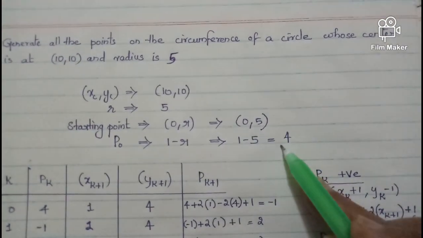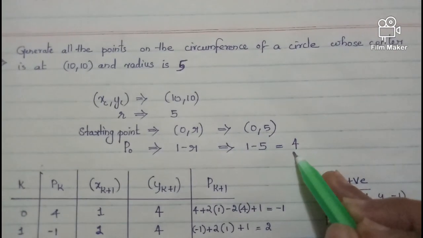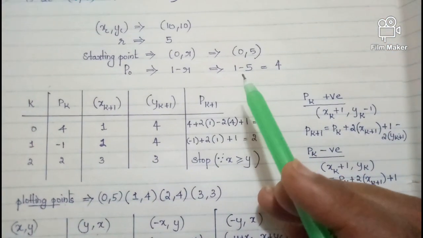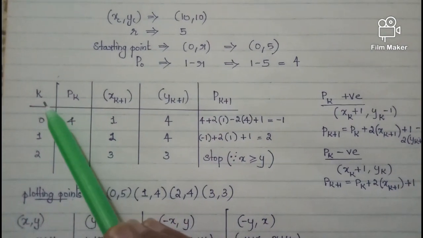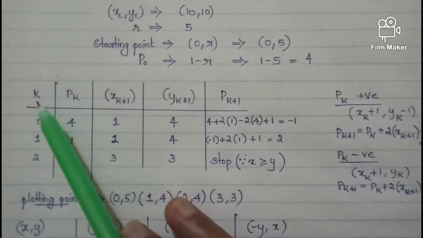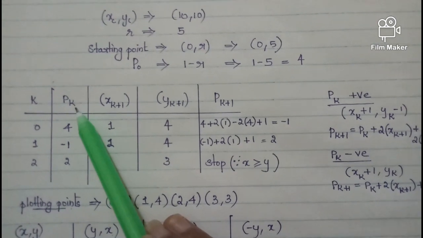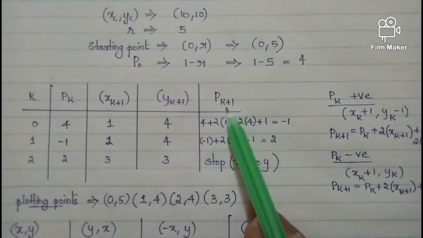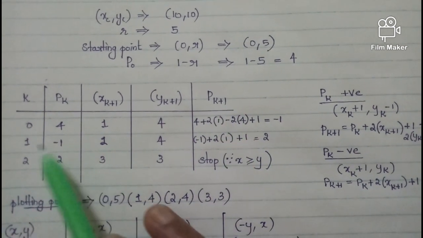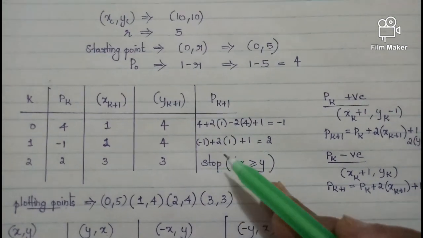You got two new pieces of information: the first pixel to be plotted on the circumference of the circle and the starting decision parameter. Now let us start the algorithm execution. In each iteration you have to keep track of 5 pieces of information: the value of k, that is the iteration number, the value of pk, the next value of x, the next value of y, and the next value of decision parameter pk plus 1.